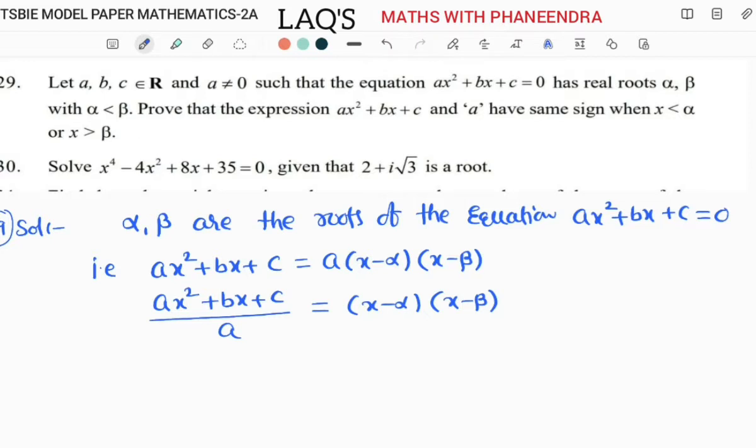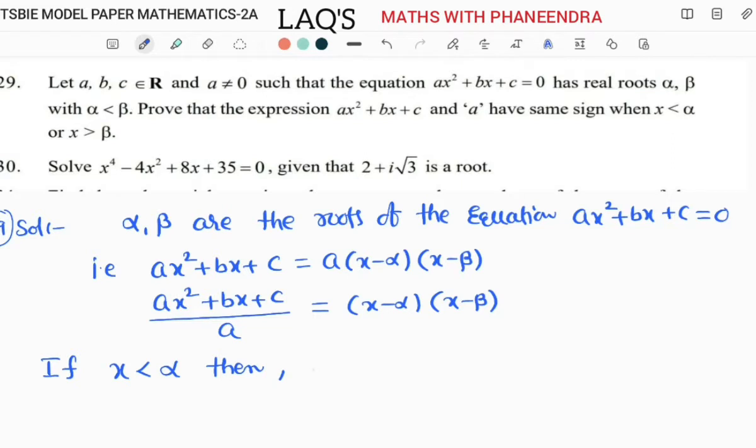Now come to the question. In the question they are asking that x is less than alpha or x is greater than beta, with the condition alpha is less than beta. So carefully observe, dear students. Here, if x is less than alpha, then as alpha is less than beta, this condition also we are using.